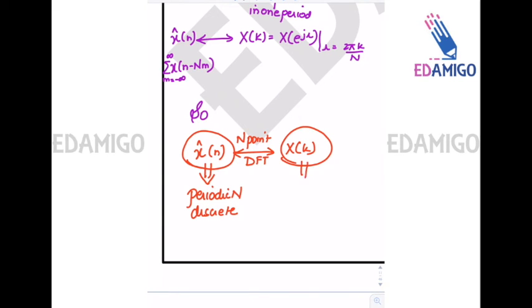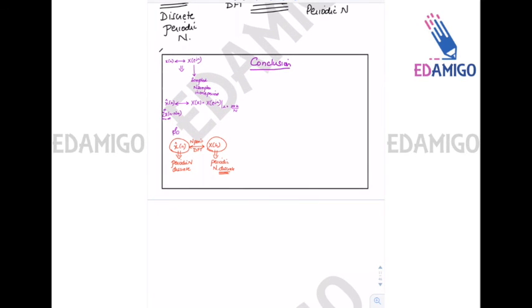This is also periodic with period N, and it is discrete. So this is the whole conclusion that is very, very important: in N-point DFT, both sides are periodic with period capital N, and both sides are discrete. So we'll be continuing DFT in the next lecture. Thank you.